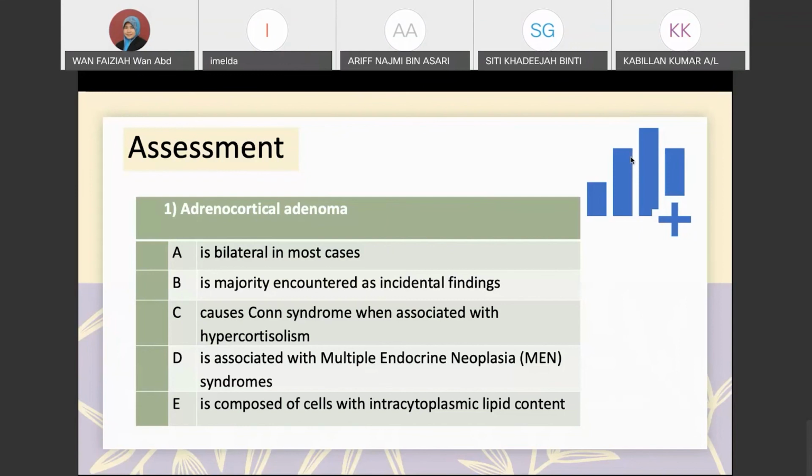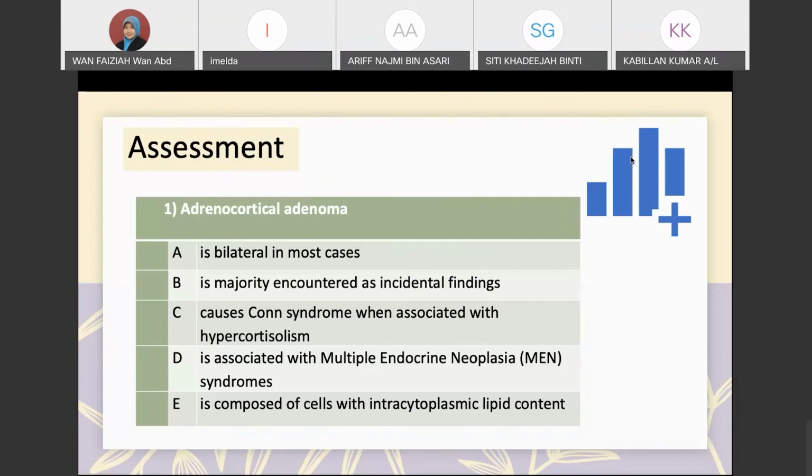Yes, good. Mostly silent. Mostly not producing any hormone or whatever. And you know that the adrenal gland is so small. Although there is a tumor there, when you palpate the abdomen, you won't feel anything. Commonly the majority are incidental findings.